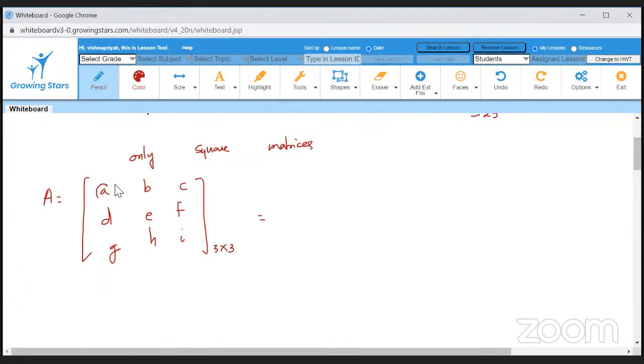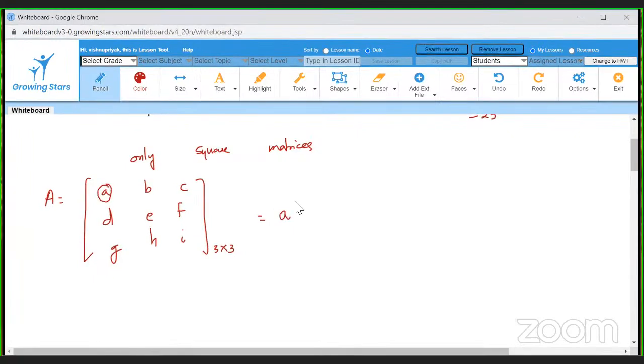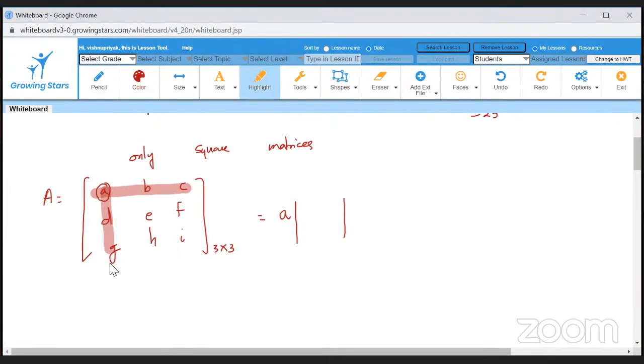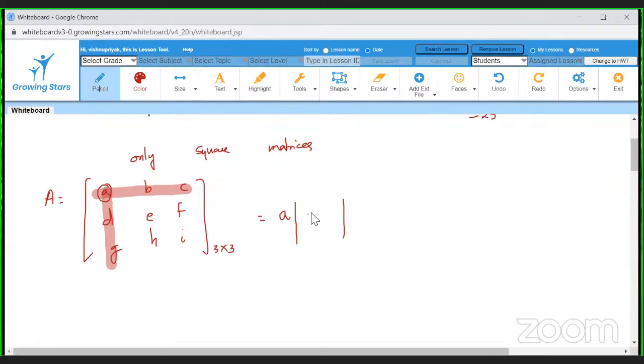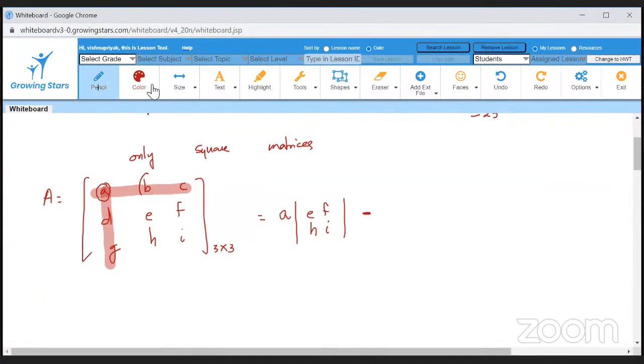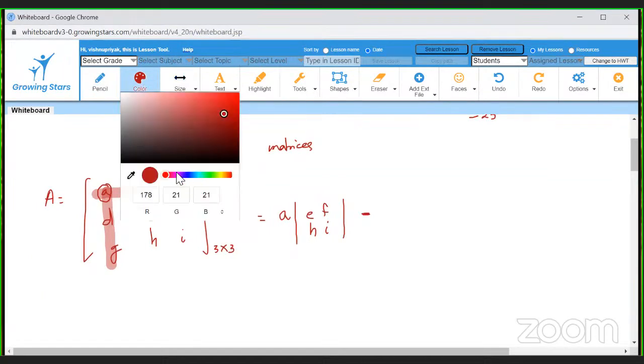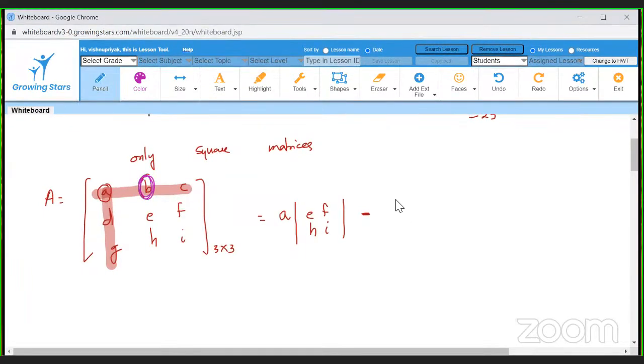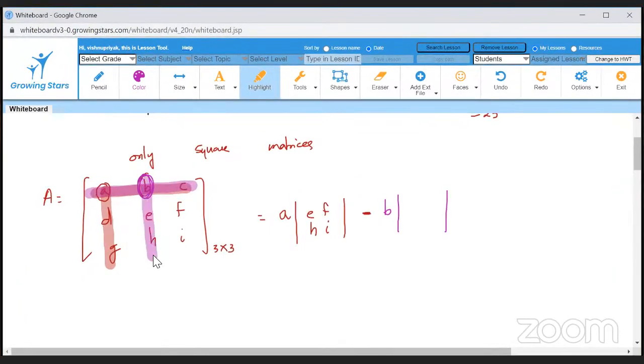First, you have to take A and multiply with the determinant of, remove the A row, remove the A column, the left elements E, F, H, I. Next, minus. Next, you will take B. So this time you will take B into the determinant of, you have to remove the B row and B column.